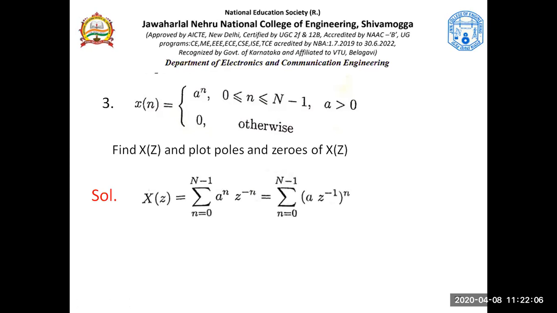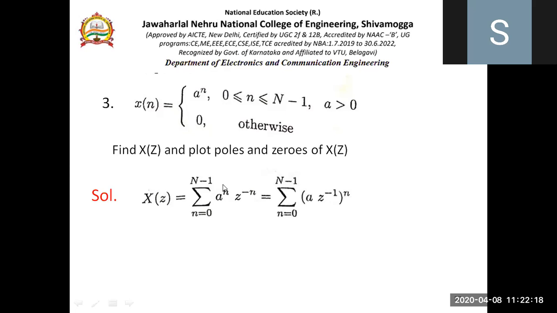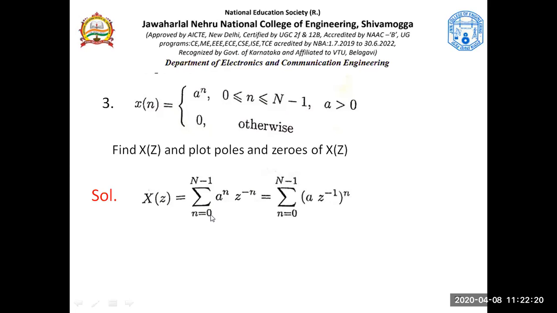Here, generally we go from minus infinity to plus infinity. But here, since it is very clearly given that x of n exists from 0 to N minus 1, these limits are adjusted to 0 to N minus 1. Everybody is clear about that. You should not suddenly mistake what's happening here.